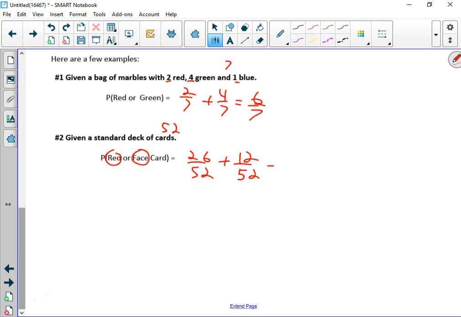If there are 12 face cards, half of them are red, half of them are black. So we need to take out 6 out of 52, because there are 6 doubles. There are 6 red face cards: the Jack of Hearts and Diamonds, the Queen of Hearts and Diamonds, and the King of Hearts and Diamonds. So when we do that, we get 32 out of 52. And that's all.